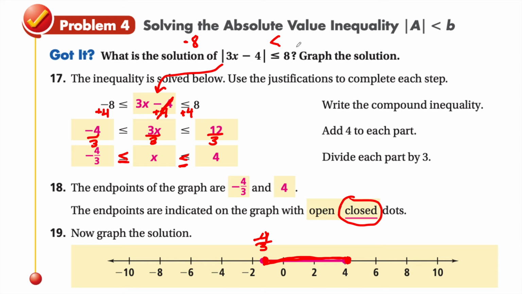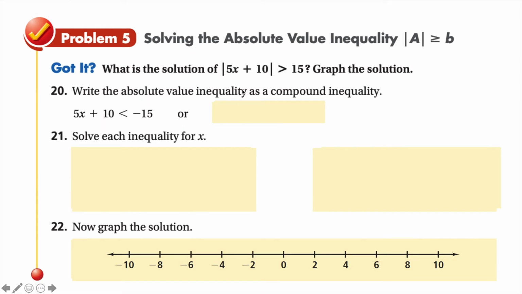The reason I say that is because when you talk about greater than or equal to, you run into this problem. If the number in the absolute value has to be greater than a number, we have to write it as an OR statement, where we're going to have one inequality where whatever is inside the absolute value has to be less than the opposite counterpart to the 15 that is given, or it needs to be exactly as we see it without the absolute value.